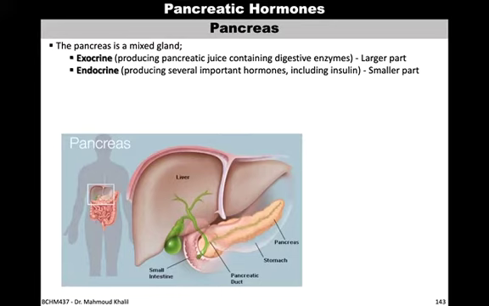As you can see, the pancreas is situated just beneath the liver, and it has a duct which pours into the duodenum, the start of the small intestine, for the digestive enzymes.